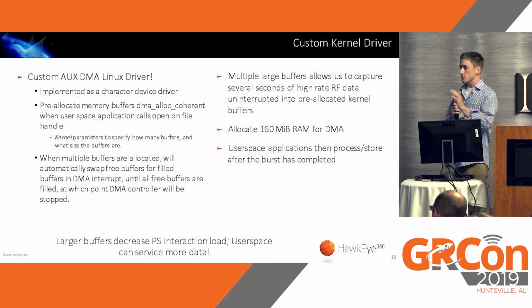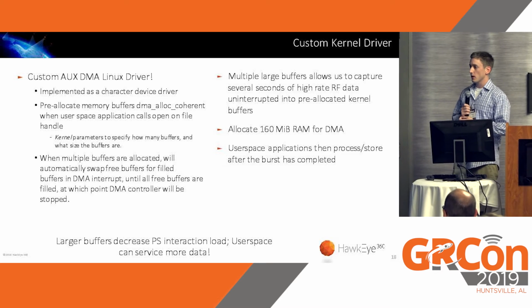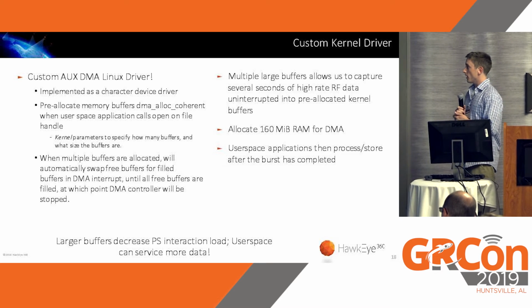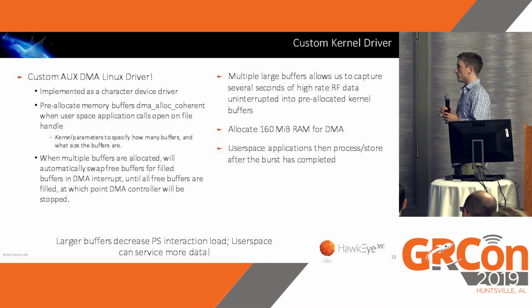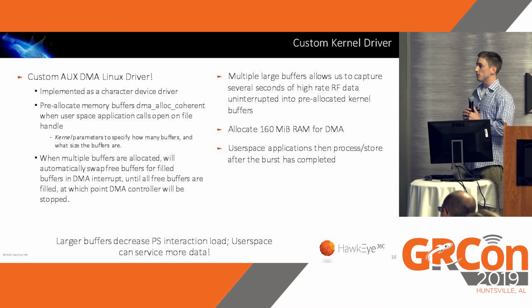We do something similar here. We use 160 megabytes. We can get 1 second of 40 megahertz data buffered up into RAM. So we pre-allocate these memory buffers, and then we have a kernel driver that swaps out the buffers on demand. It uses interrupts, and it does use direct register mode as the quickest path to success.